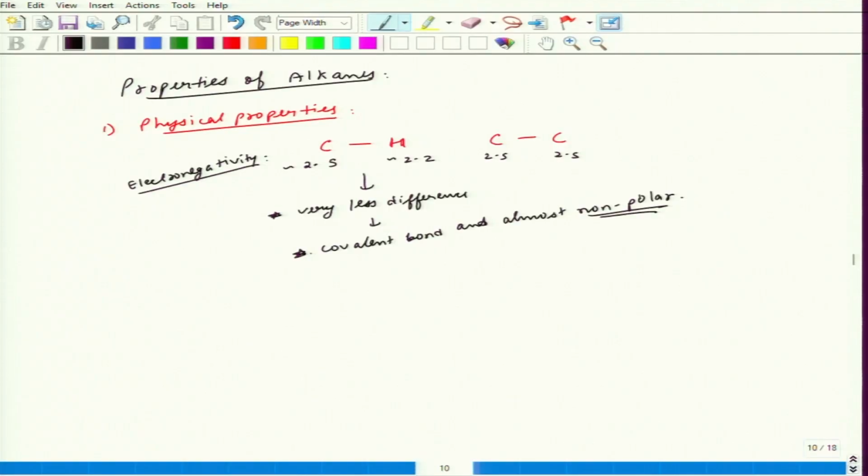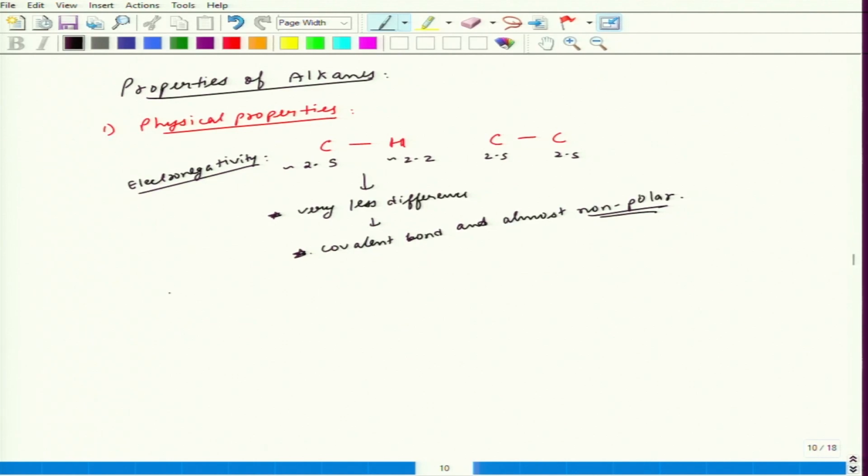There is very little electronegativity difference, which gives rise to the covalent character of the bonds, and these are mostly non-polar, because polarity develops from the difference in electronegativity of the two elements. This electronegativity is given according to the Pauling scale. So that is the property of the bond in alkanes.